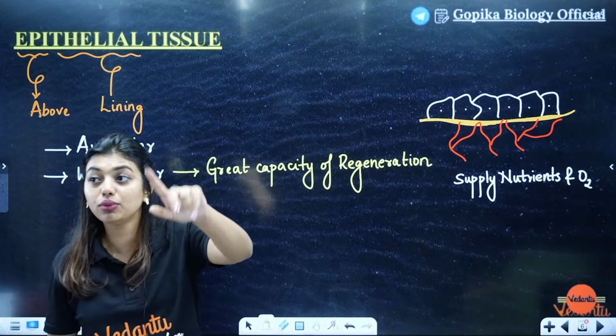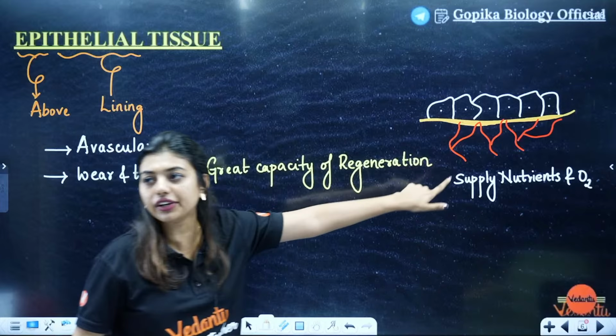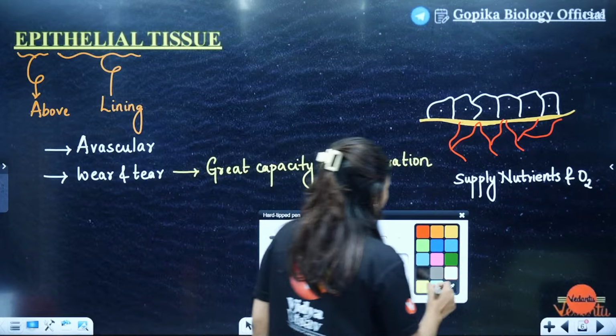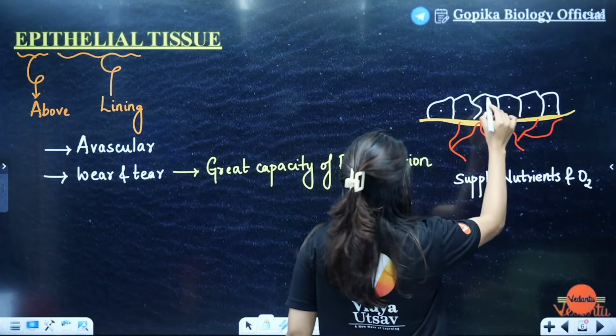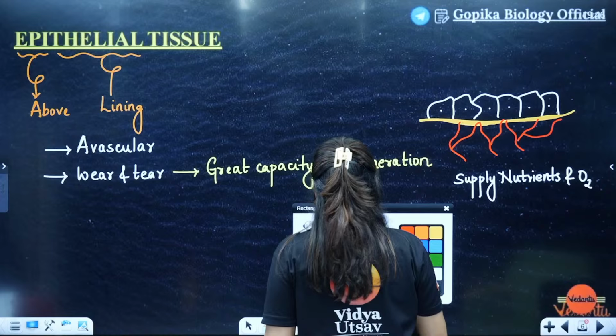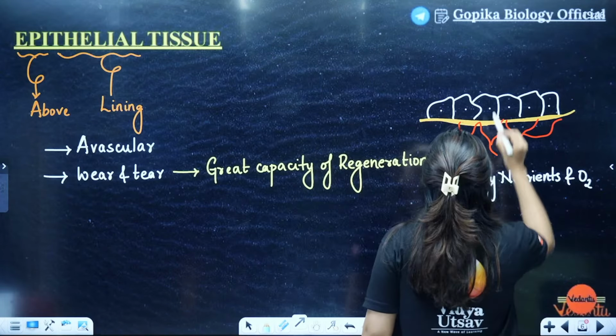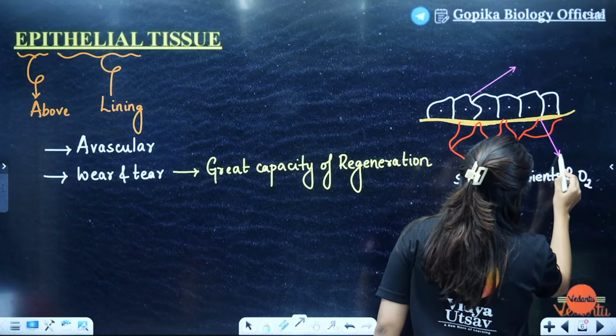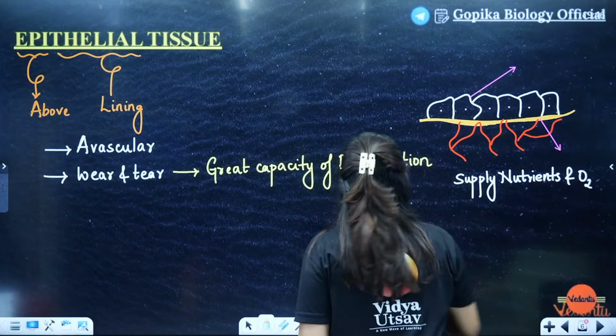That is why when you were looking somewhere else and doing it, you got hurt. Why did you get hurt? Because you pricked the connective tissue. Clear? Understood? So this region, students, is your apical surface, and this is your basement membrane.